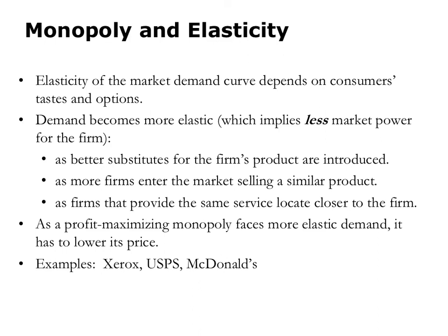As demand becomes more elastic because alternatives or substitutes become more available, that lowers the monopolist's ability to charge as high of a price. In summary, the more elastic a monopolist's demand, the lower the price the monopolist can charge, and the more inelastic a monopolist's demand, the higher the price the monopolist can charge.